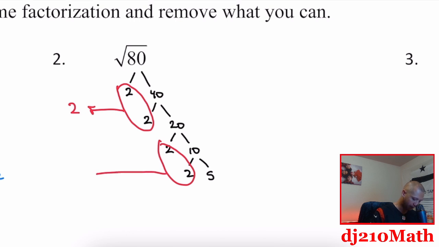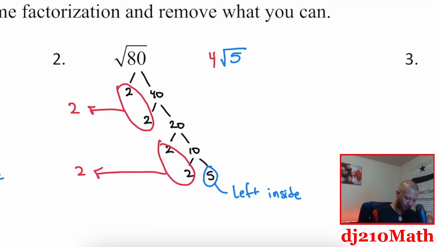This pair of 2's can come out as a single 2. And then 5 is left behind, left inside. So in front, we have 2 times 2, because all the things that come out get multiplied. So this is 4, and the square root of 5, because that's what's left behind inside.